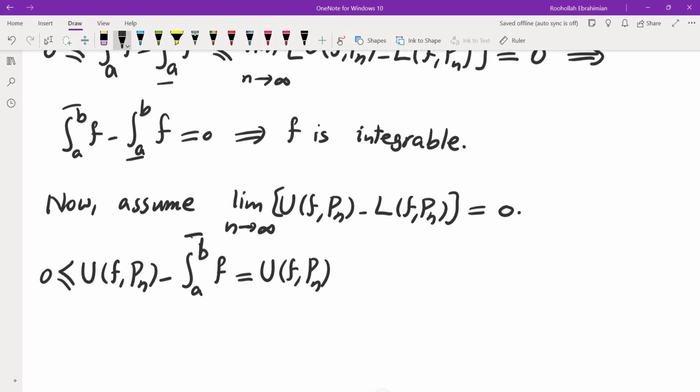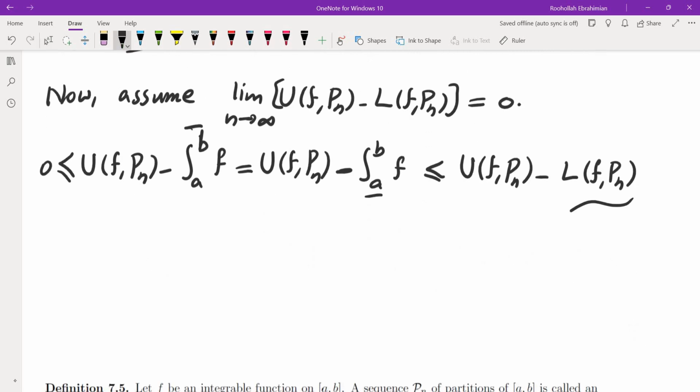Now, this is the same as the upper sum minus the lower integral. The lower integral is the supremum of the lower sums, so this would be less than or equal to upper minus lower.